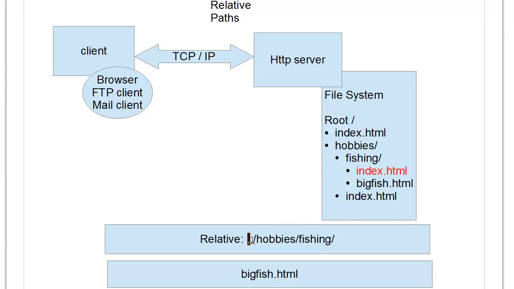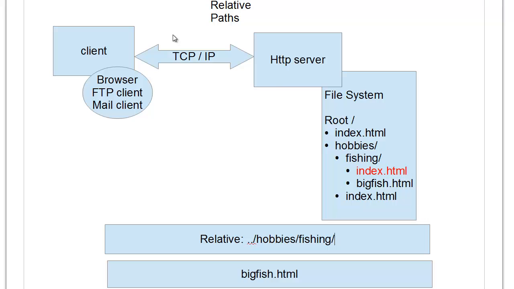Using a URL, you see the dot there, that means to go up to the root. So you get the dot there, and then you go to hobbies and then fishing, and of course it will pull up the index.html.